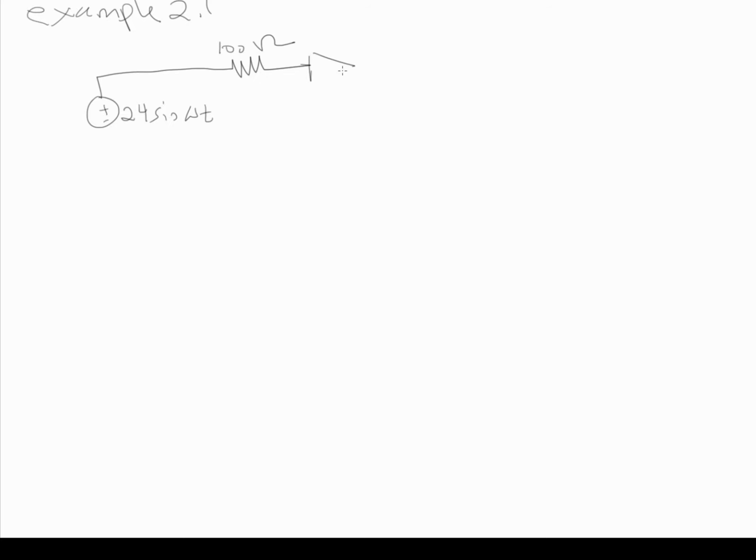And then they give you a diode, and they tell you that V gamma is equal to 0.6 volts. And then we have another power supply, and they tell you that this is equal to 12 volts. And so you're given this circuit where this is ground here, so this is 0 volts.